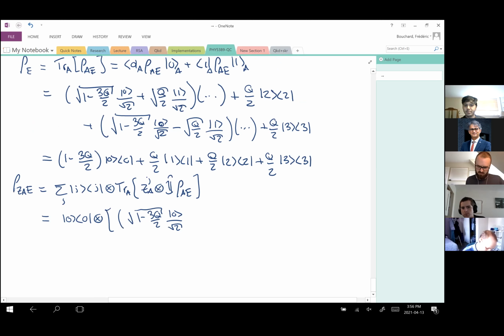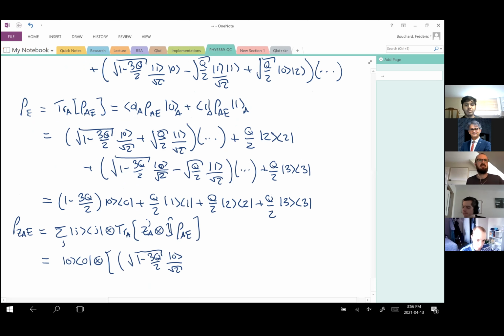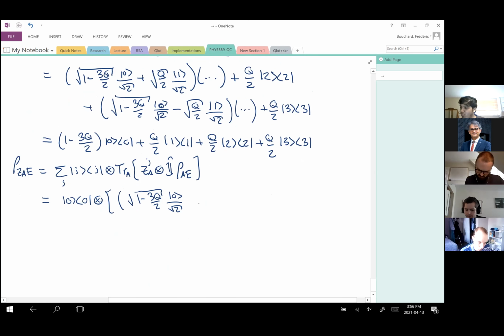So you get the first term there and the second term. And then only the E state is left, like this. Also the bra. And as before, we have this term.